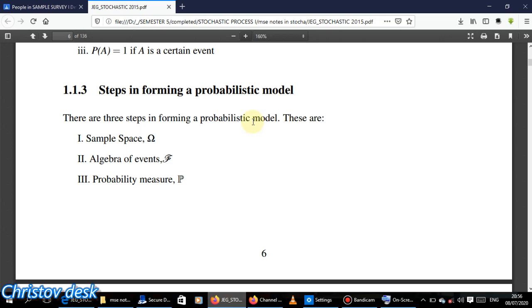So any probabilistic model should have a sample space, the sigma algebra, and then the probability measure. In that case you can call it a probability space, and then that probability space can be used to compute probabilities and be able to analyze whatever thing you want the model to be doing.